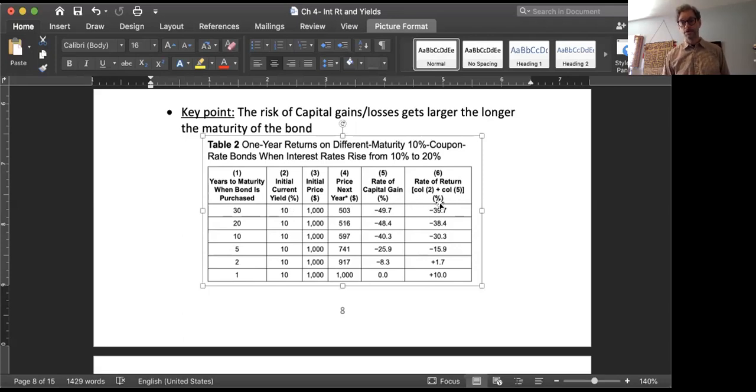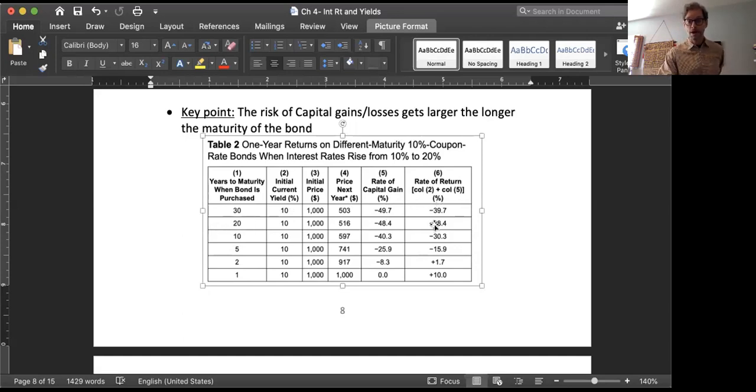This is what we call interest rate risk. When you buy a bond, you are vulnerable to capital gains and capital losses if you have to sell that bond before maturity. You could take big capital losses.